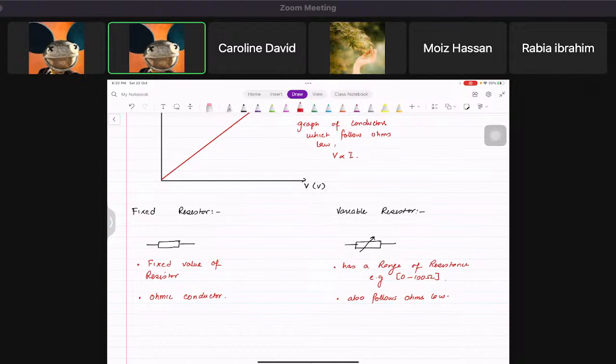Variable resistors are everywhere. For example, in your room, you'll find the knob that turns the fan speed faster or slower. You turn it, and it's a variable resistor where you're allowing more current to reach the fan so it can move faster, or less current so it can move slower. It depends on that, right?